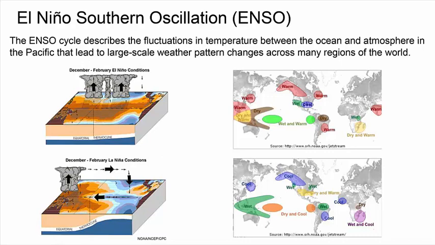In the U.S., because that's where we are, you have more rain in the south and cooler winter temperatures in the southeast. And then in the La Nina phase, which is the cool phase, you have stronger winds along the equator, and that's related to reduced precipitation across this region. But in the U.S., you have less rain in the south, and winter temperatures are warmer in the southeast.